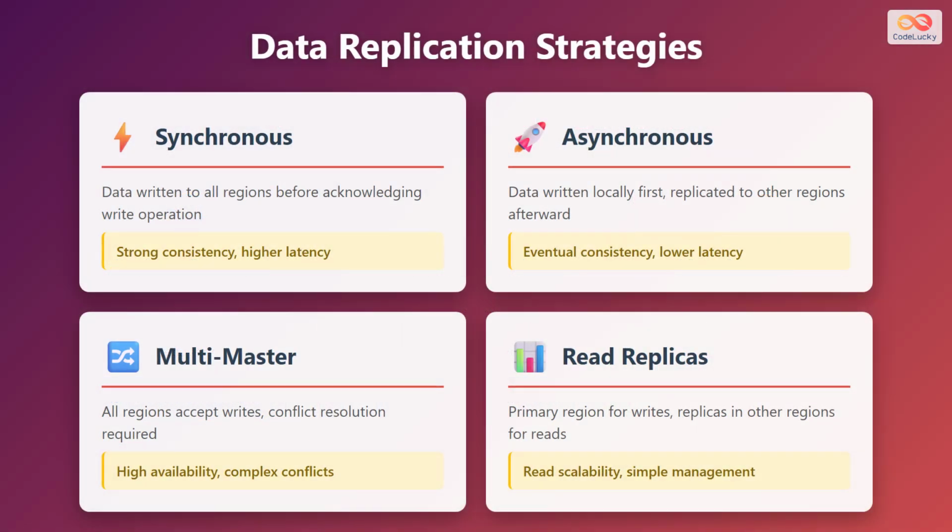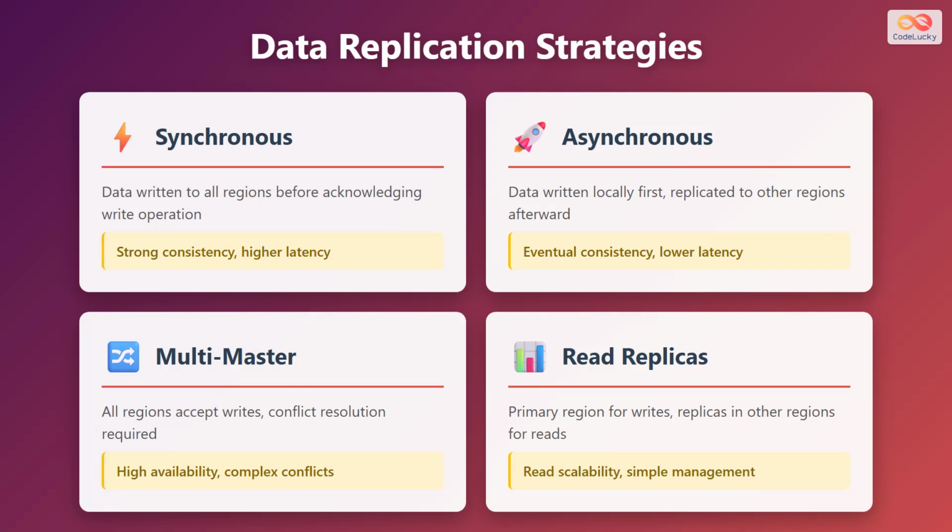Choosing the right data replication strategy is crucial for multi-region architecture. Synchronous replication writes data to all regions before acknowledging the write operation, providing strong consistency but introducing higher latency. Asynchronous replication writes data locally first, then replicates to other regions afterward, offering eventual consistency with lower latency.